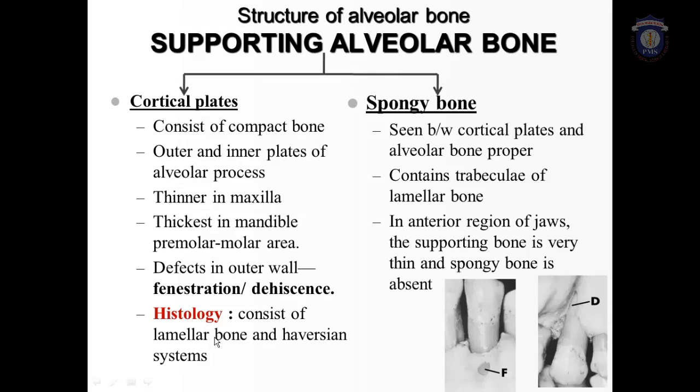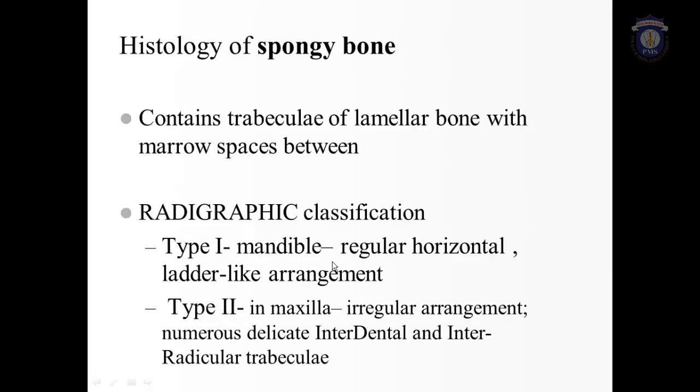Spongy bone is seen between the cortical plates and the alveolar bone proper, and it contains trabeculae of lamellar bone. In the anterior region of the jaws, the supporting bone is very thin and the spongy bone is absent. Coming to the histology of spongy bone, it contains trabeculae of lamellar bone with marrow spaces in between, and radiographically, there are two types of trabecular pattern that can be seen.